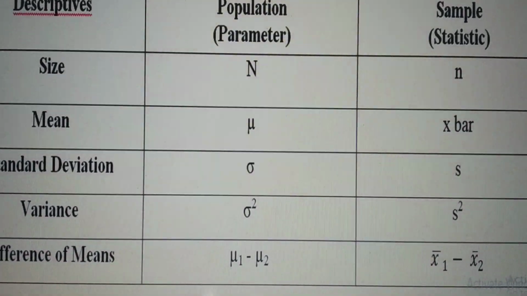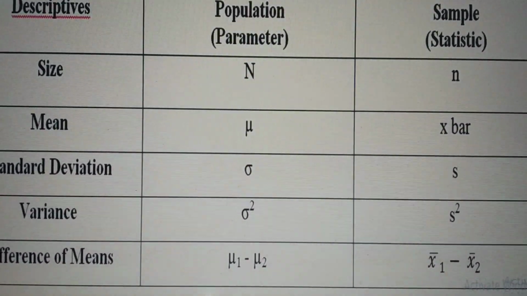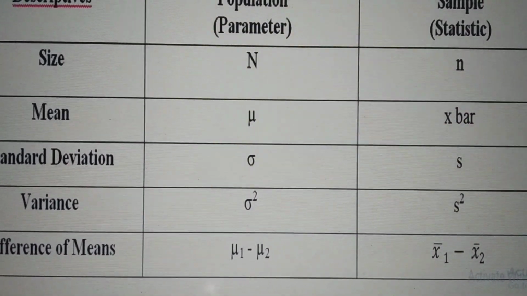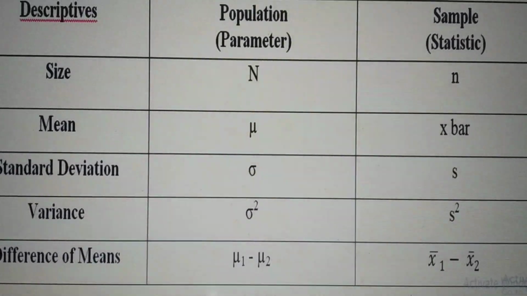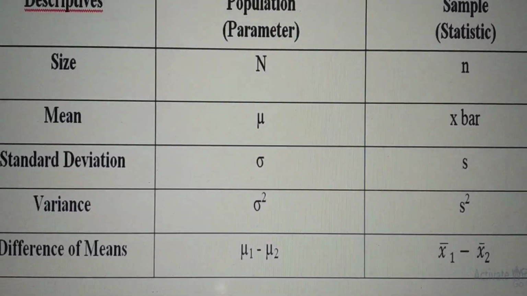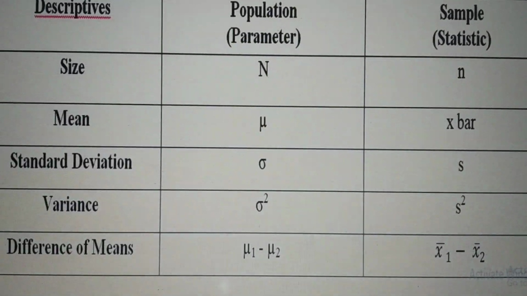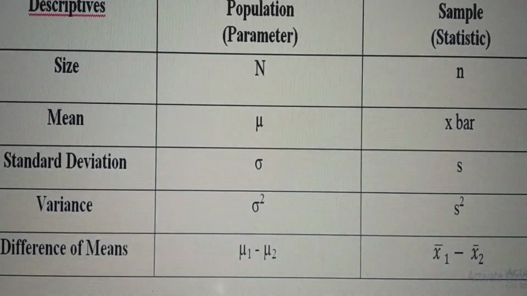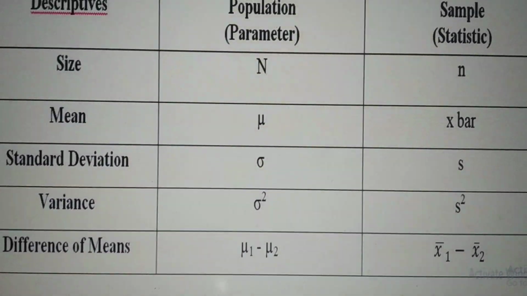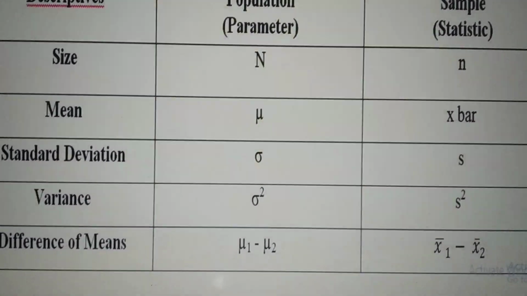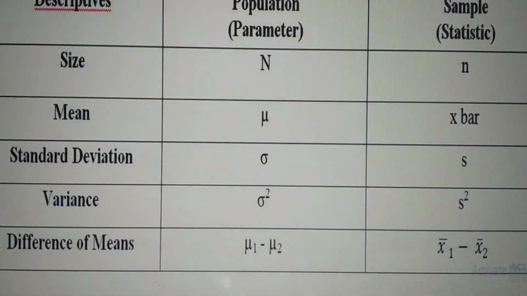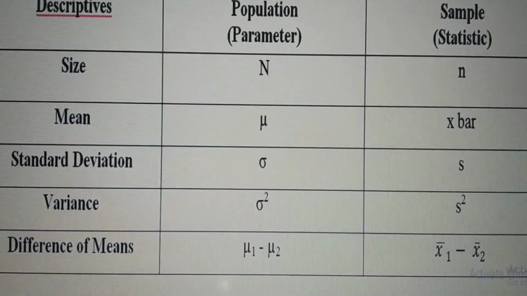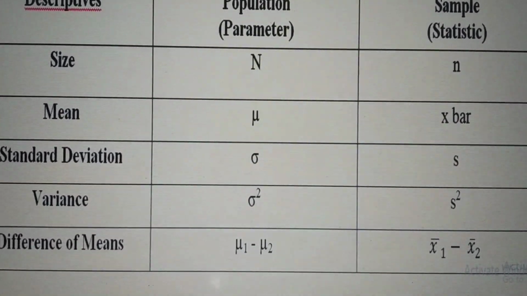Mean is represented by mu and sample mean by x bar. Population standard deviation is represented by sigma and sample standard deviation by s. Population variance is sigma square and sample variance is s square.